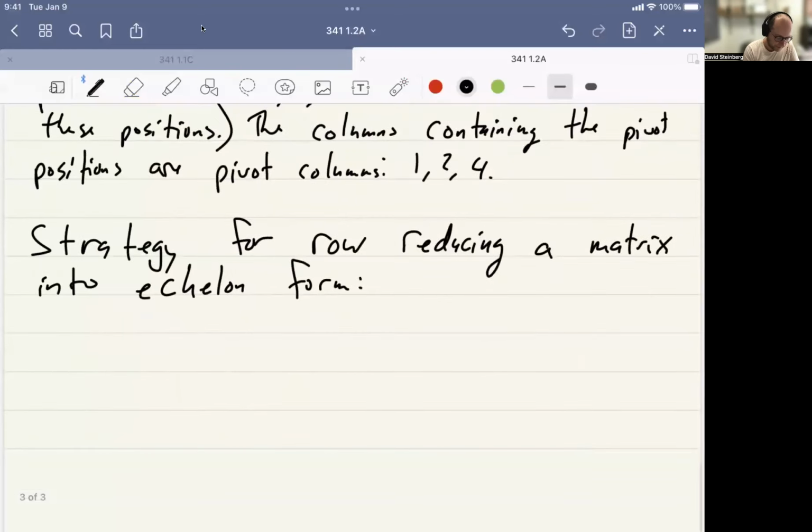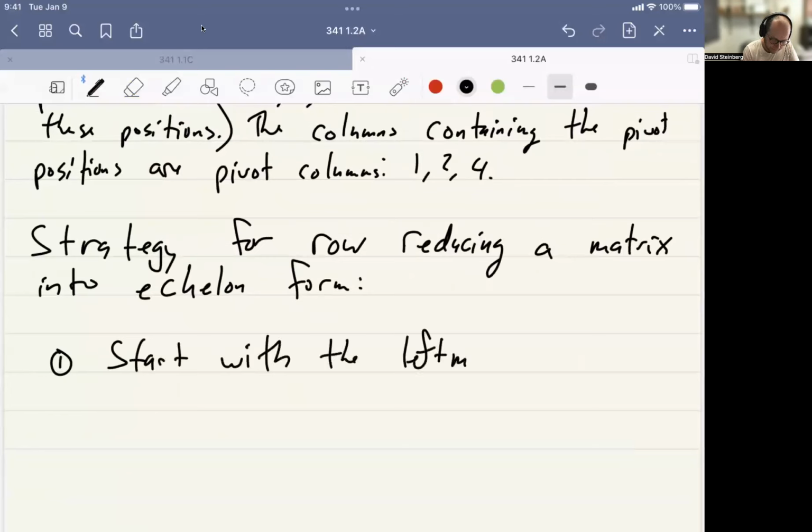The first thing we did: start with the leftmost non-zero column.